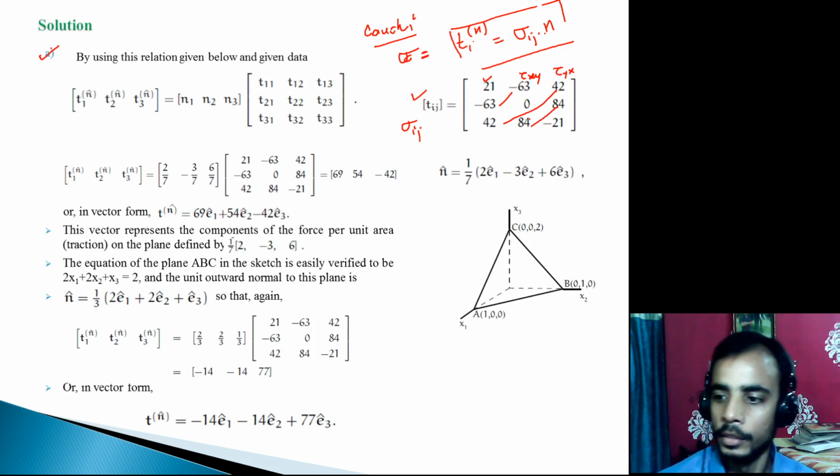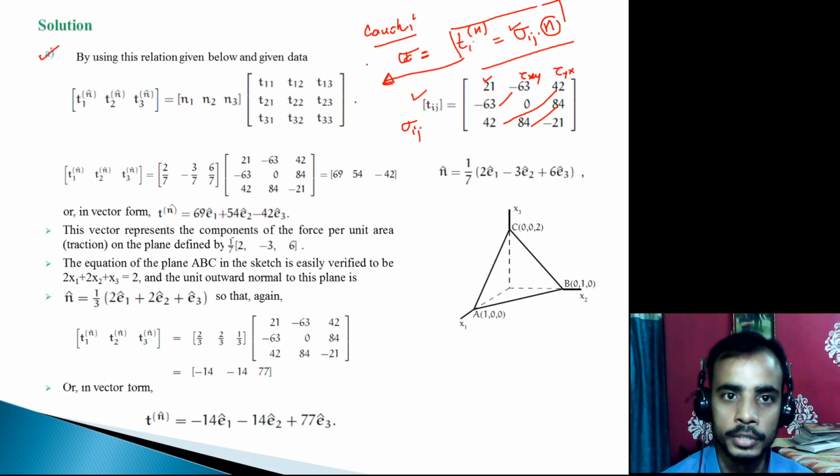Okay, nothing else. So you have the 6 independent stress components given. So this stress matrix is given, and for a particular plane the unit normal is given, on which you have to find out the traction vector.